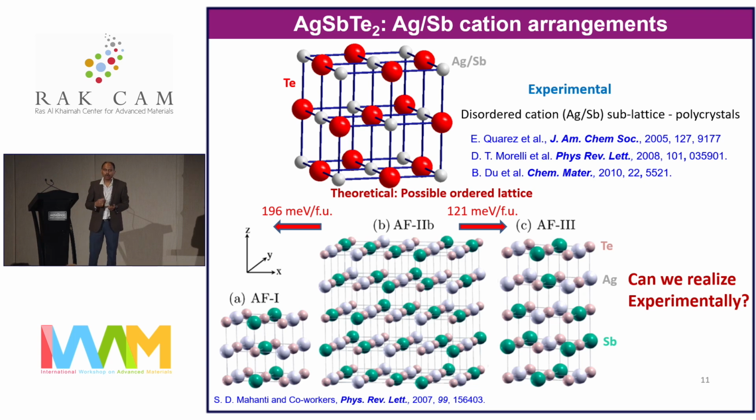Disorder in a solid, or rather in a thermoelectric solid, can scatter the charge carrier, and that can limit the mean free path of the charge carrier.